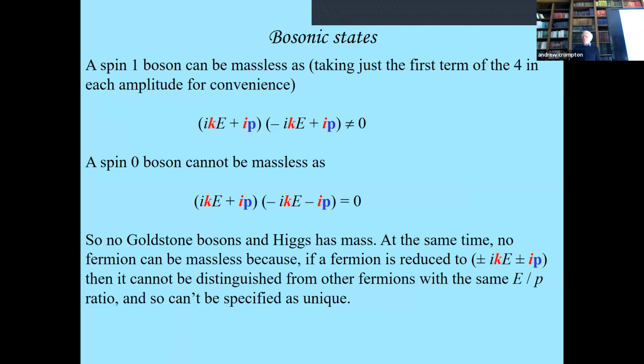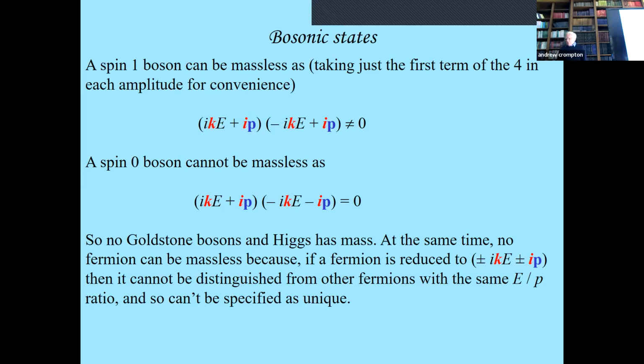A spin 1 boson can be massless because we can write that first equation without zeroing. But you notice the second equation must zero if it's massless. You take the minus out and you've got the same term in the two brackets, so that one would zero. A spin 0 boson cannot be massless. So there are no Goldstone bosons, and the Higgs must have mass.